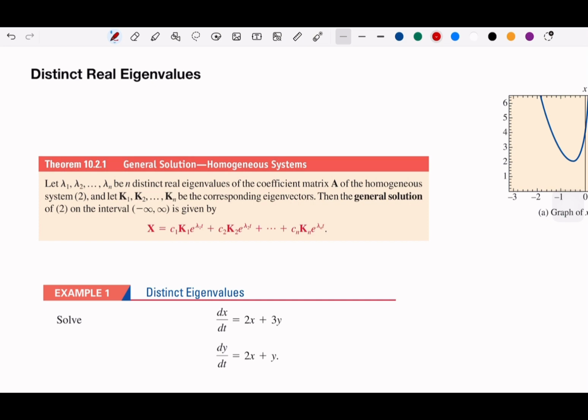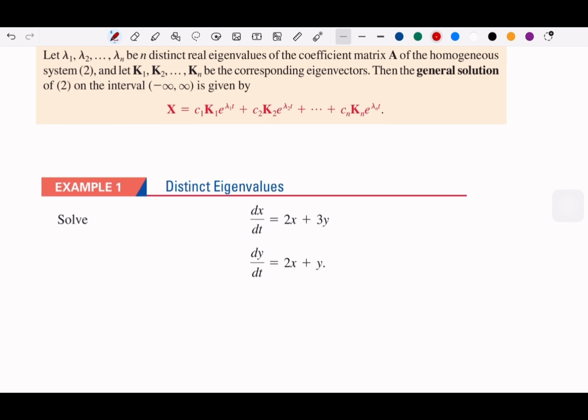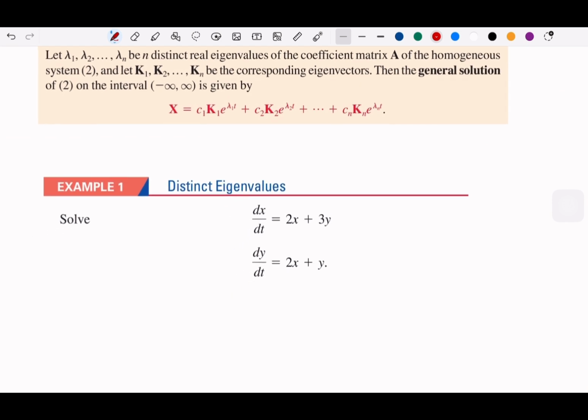Now suppose that, as usual, we write this in terms of matrices. First is x prime, and the second is y prime. Let's write this in terms of a matrix.